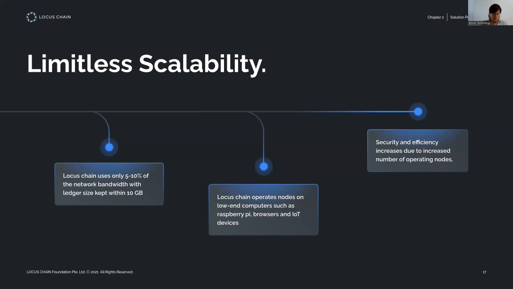So as the video explained, keeping the ledger size small means that a node can have much smaller computing power. Unlike Ethereum nodes, which require high storage capacity, high electric consumption, and high computational power, Locus nodes can run on much smaller devices such as mobile phones, and even on some of the much smaller devices that will be shown in the next video.